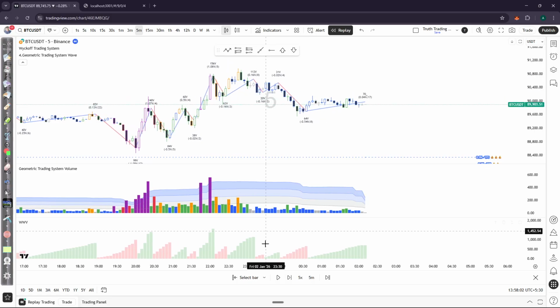And this is what I was talking about, guys. You see a lot of volume on the upside, but still less than that. This is less than that, so it's going down, and eventually it went down, and then it started to accumulate, right?